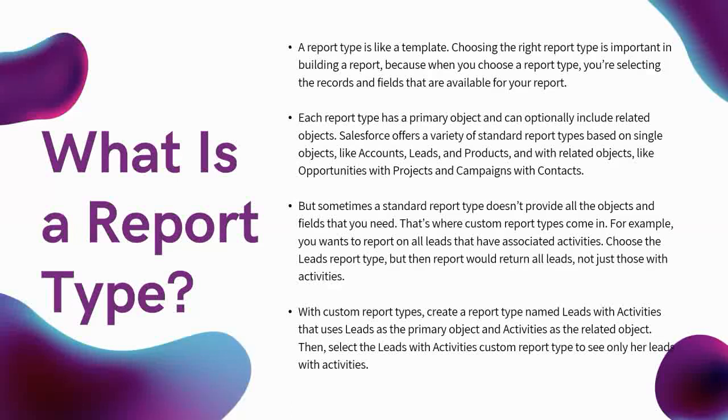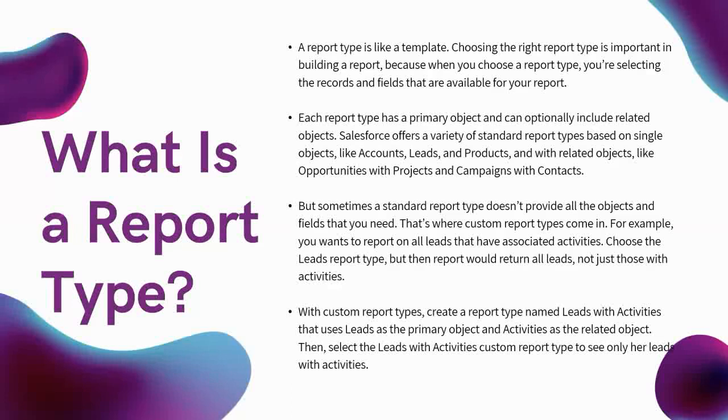And if you want to get details of the user's first name, last name, email, all that stuff, the user object is related to all the objects which we create, because it will have a created by, right? That's why Salesforce offers a variety of standard report types based on single objects like accounts, leads, and products, and with related objects like opportunities with products and campaigns with contacts.